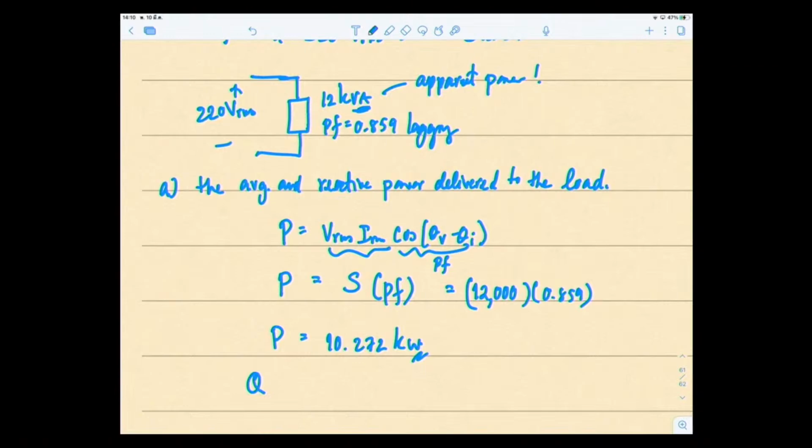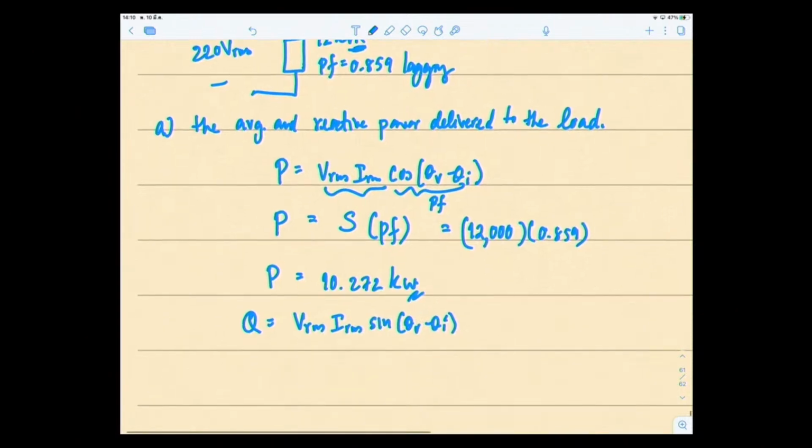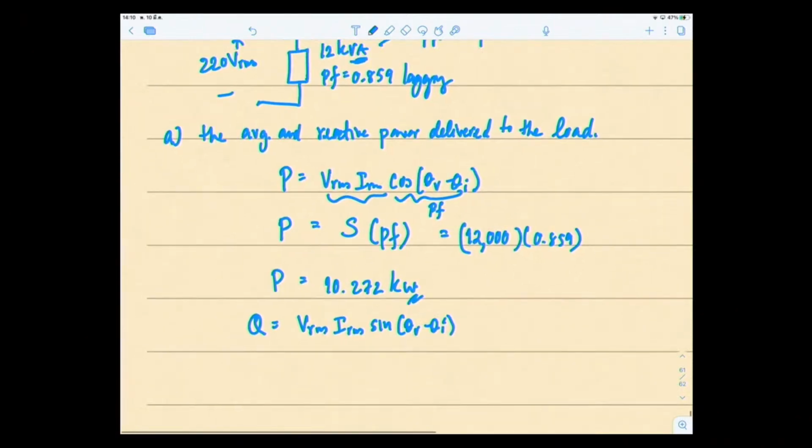Now Q is VRMS IRMS sin(theta V minus theta I). So this again is your apparent power, but sin(theta V minus theta I), we don't know the value, so we have to find it.